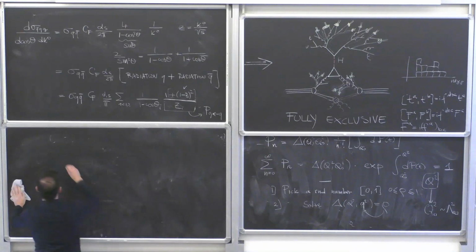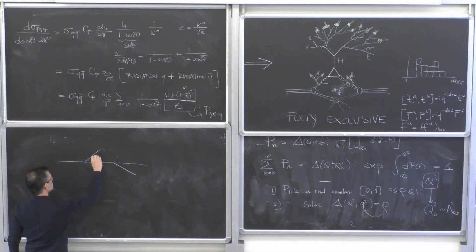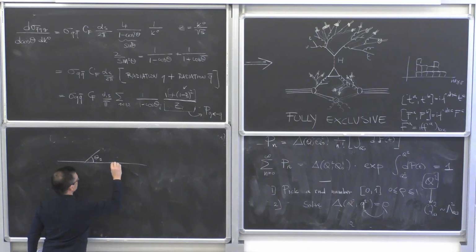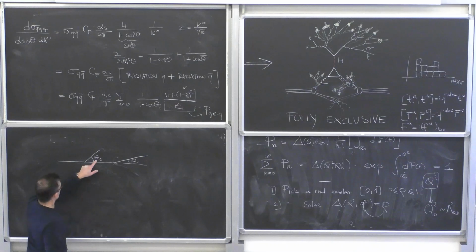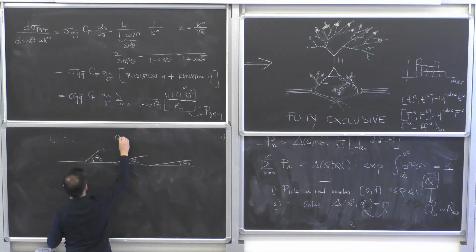So imagine that you do two branchings, okay? What I've explained today is that the region of phase space where this angle theta 1 is much bigger than theta 2, and then if there is another one, then it is much bigger, so it's strongly ordered.